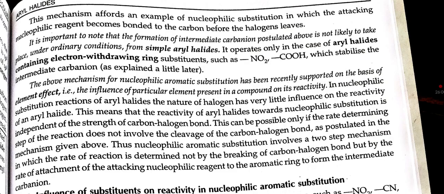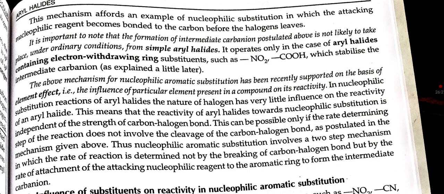The above mechanism for nucleophilic aromatic substitution has been recently supported on the basis of element effect, that is, the influence of particular element present in compound on its reactivity. In nucleophilic substitution reaction of aryl halide, the nature of halogen has very little influence on the reactivity of an aryl halide. This means that the reactivity of aryl halide towards nucleophilic substitution is independent of the strength of carbon-halogen bond.